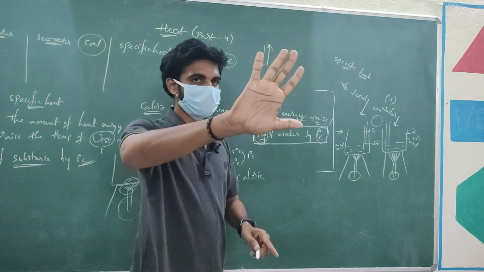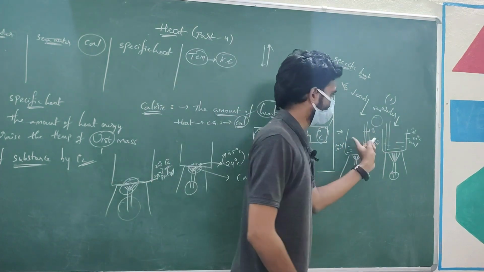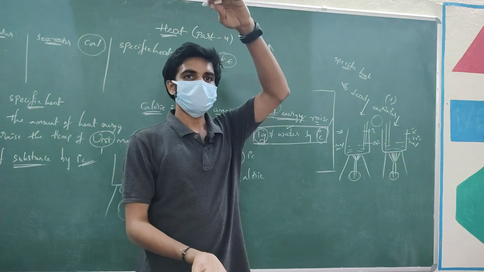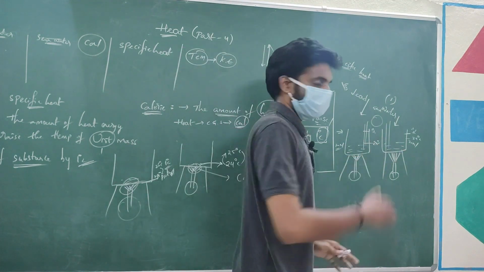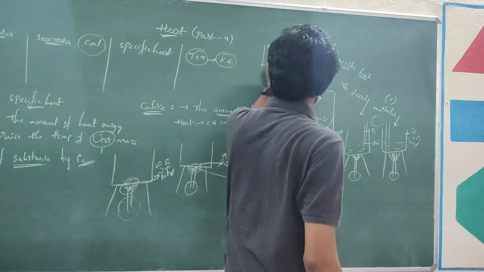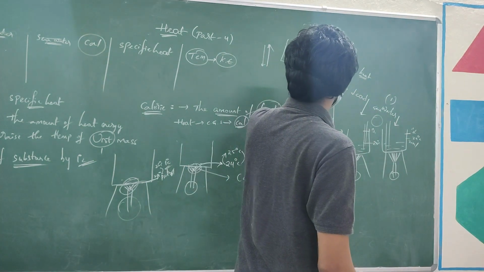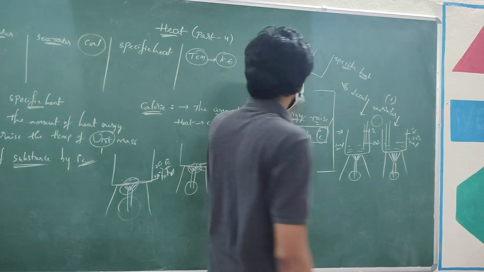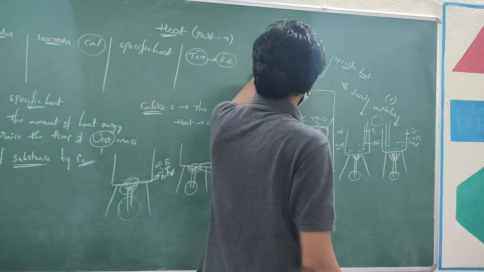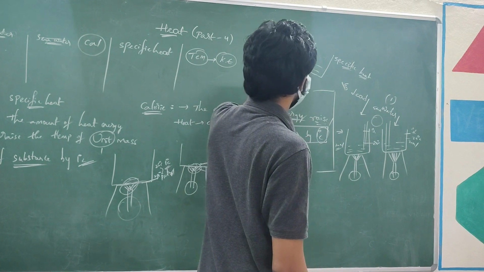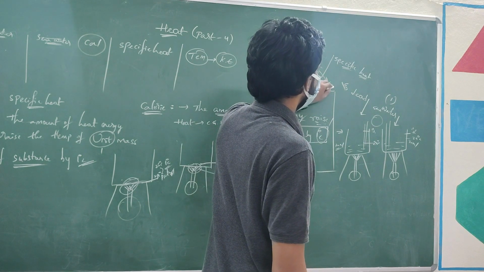If you observe the major difference here, lead gains more heat energy within 5 minutes. Of the two substances, one gains heat energy quickly compared to the other. Now let's put these two substances at the same temperature. Let's say the first beaker contains lead, and we are not doing anything to it. Another beaker contains water.